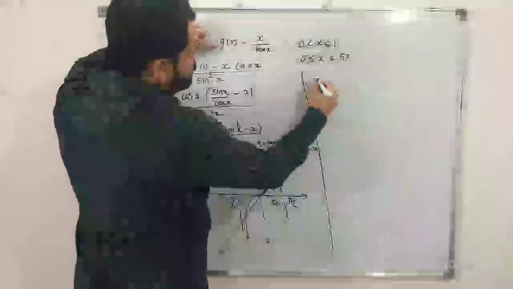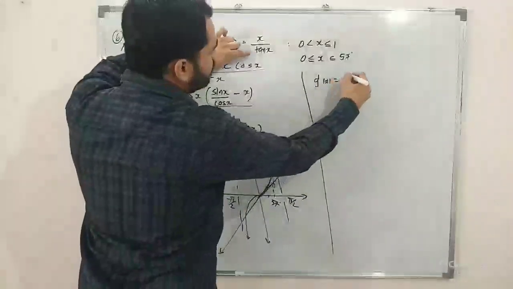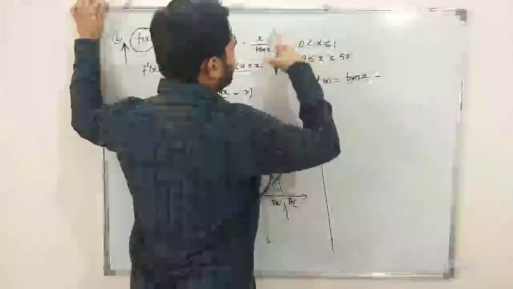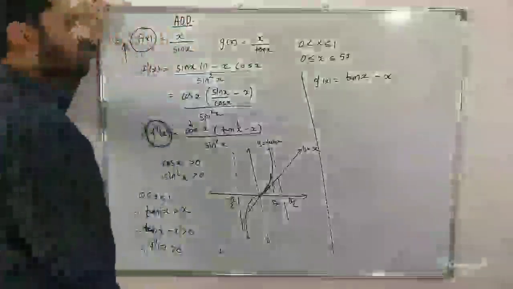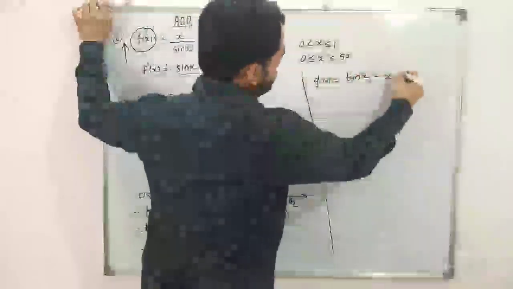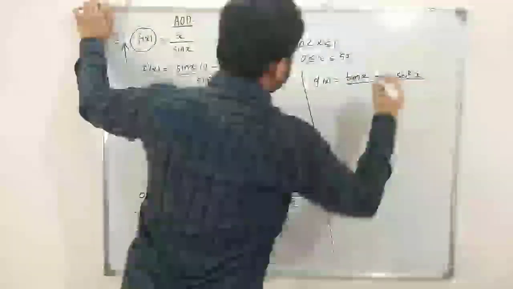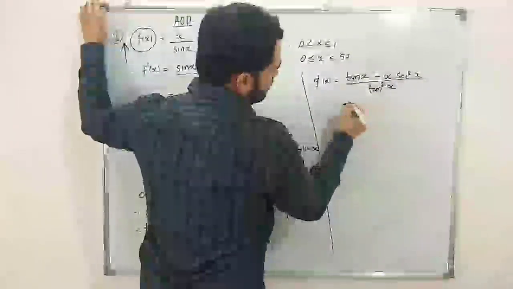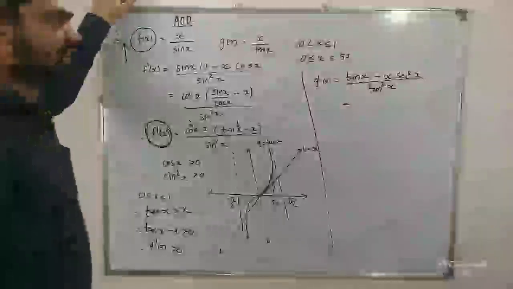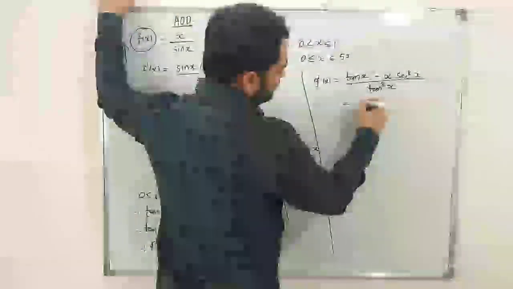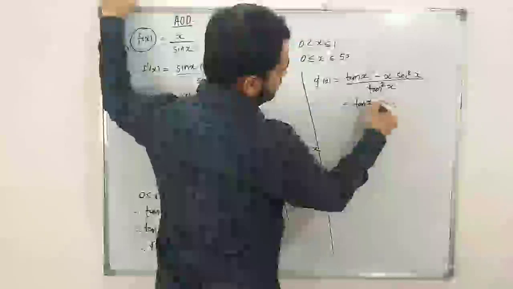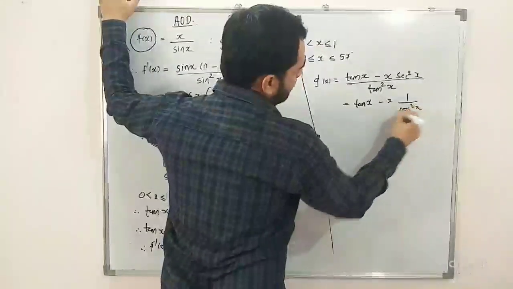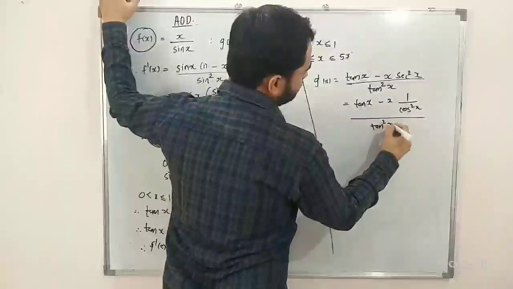So what is g dash of x? G dash of x equals denominator at front, derivative of numerator is 1, minus numerator at front, derivative of denominator is sec square x, upon tan square x, right? Now convert all the terms into sin x and cos x. We will get tan x minus x upon 1 upon cos square x upon tan square x.